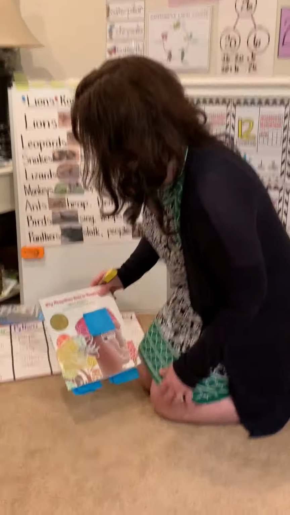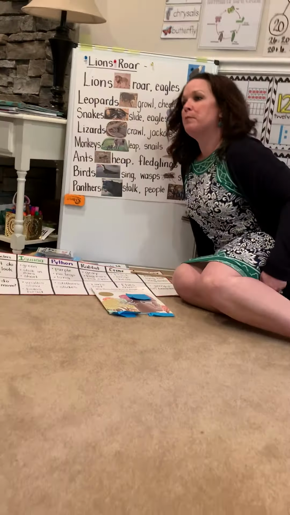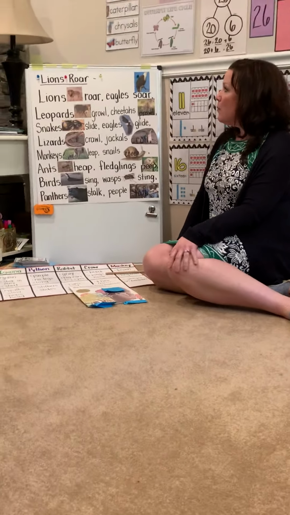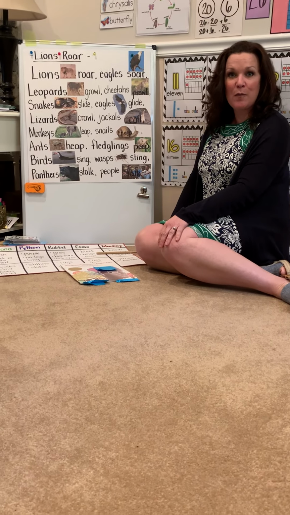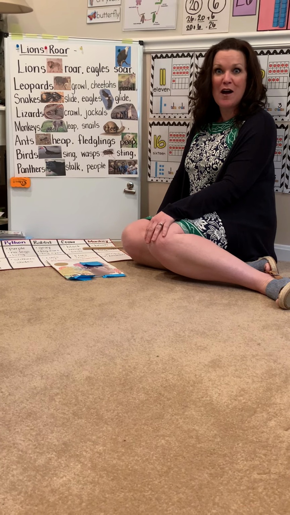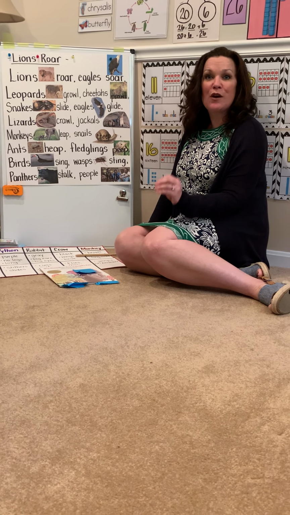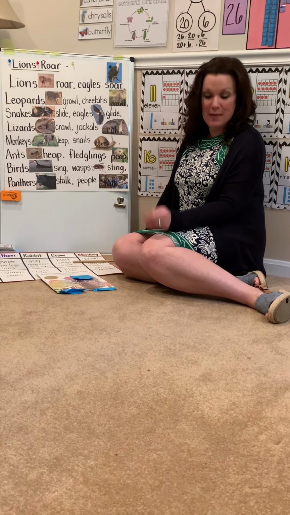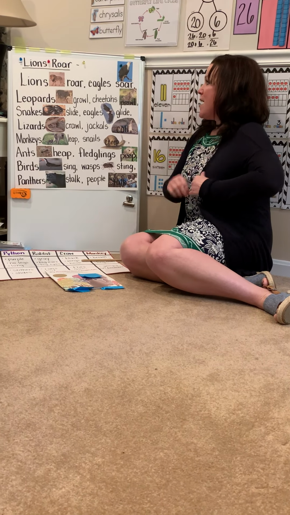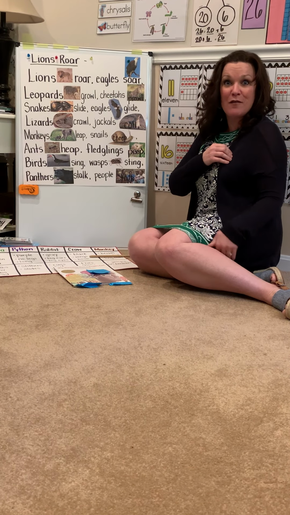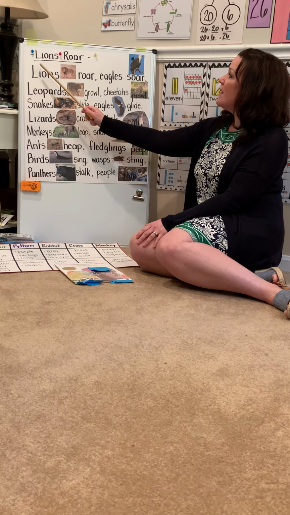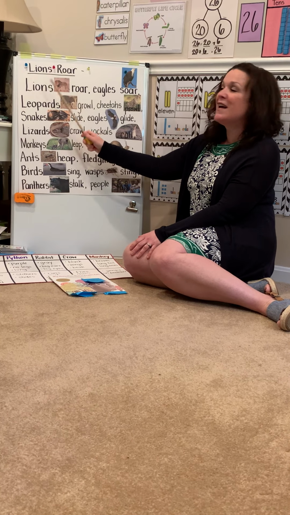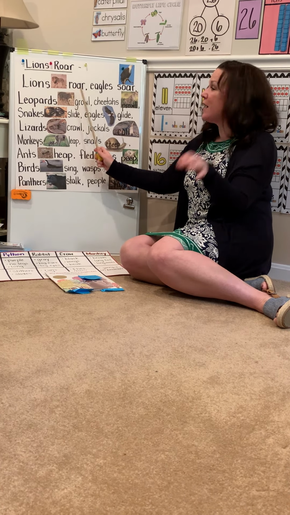We're going to take a closer look at our poem, Lion's Roar, and I hope that you've been enjoying reading this fun poem. We're looking closer at the words in this poem and thinking about what they mean and what a fun poem it is. Lions roar, lions roar.